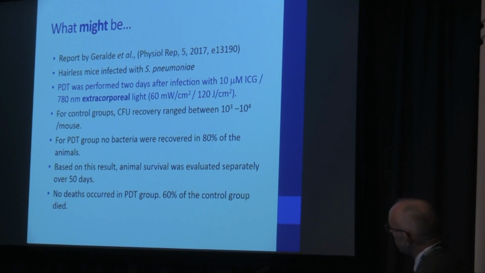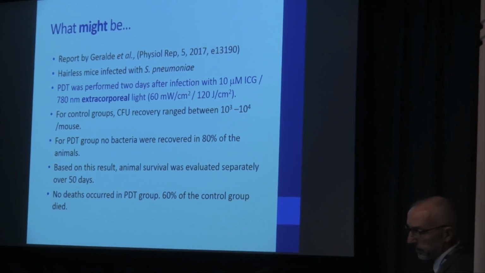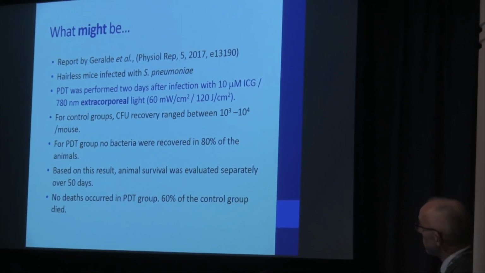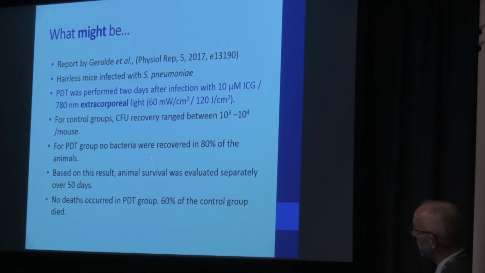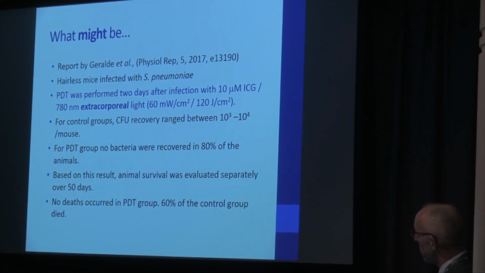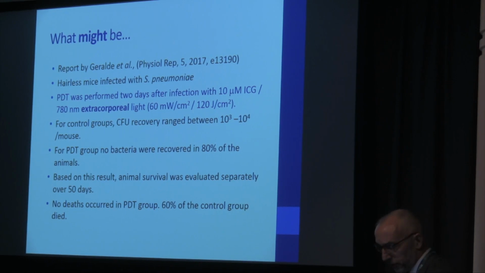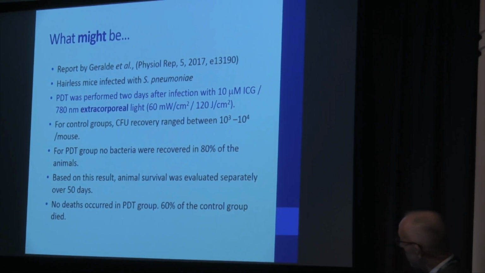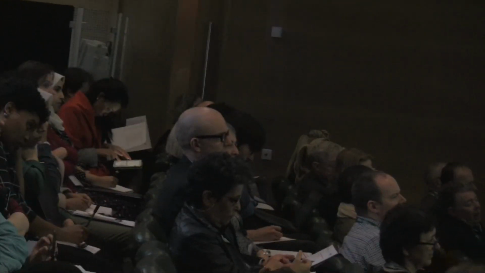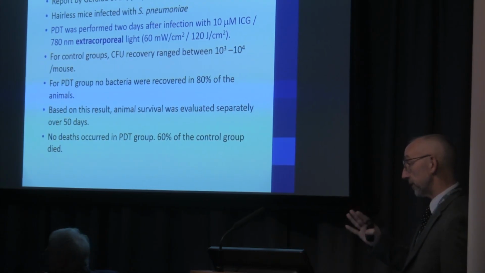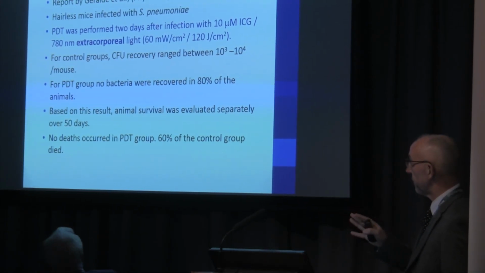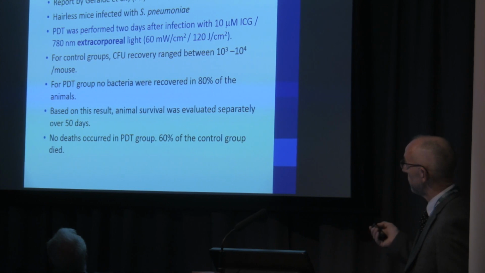Just one slide after this. I came across this paper in my rather too brief search of the literature recently. A paper by a Brazilian group used a mouse model of streptococcal pneumonia, and then treated extracorporeally, so they illuminated from outside the chest area of the mouse.